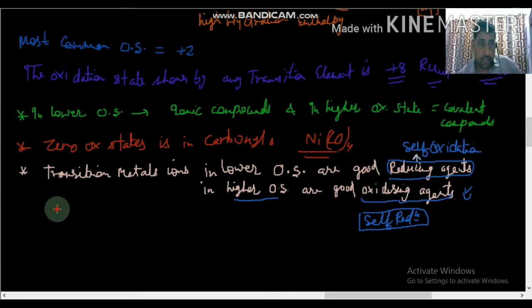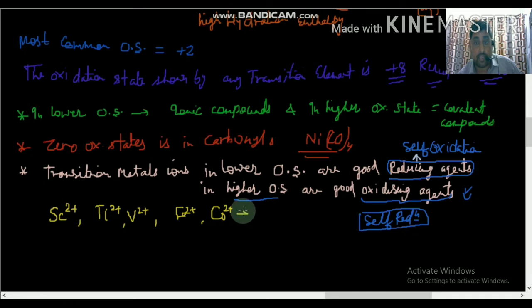Let's see some examples. Here scandium 2 plus, titanium 2 plus, vanadium 2 plus, Fe2 plus, and cobalt 2 plus, they all are good reducing agents.